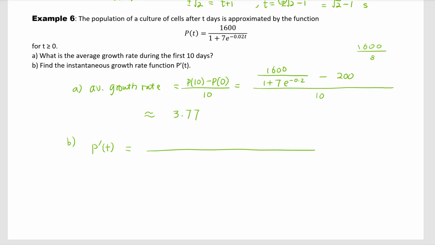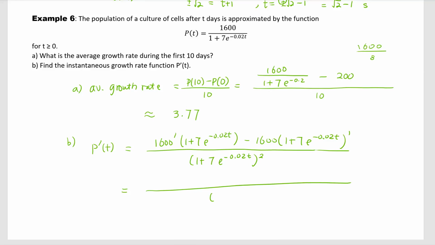So quotient rule. The bottom is the bottom squared. And then we have the top guy prime times the bottom guy, and then minus the top guy times the bottom guy prime, right? And then we have the bottom guy squared.